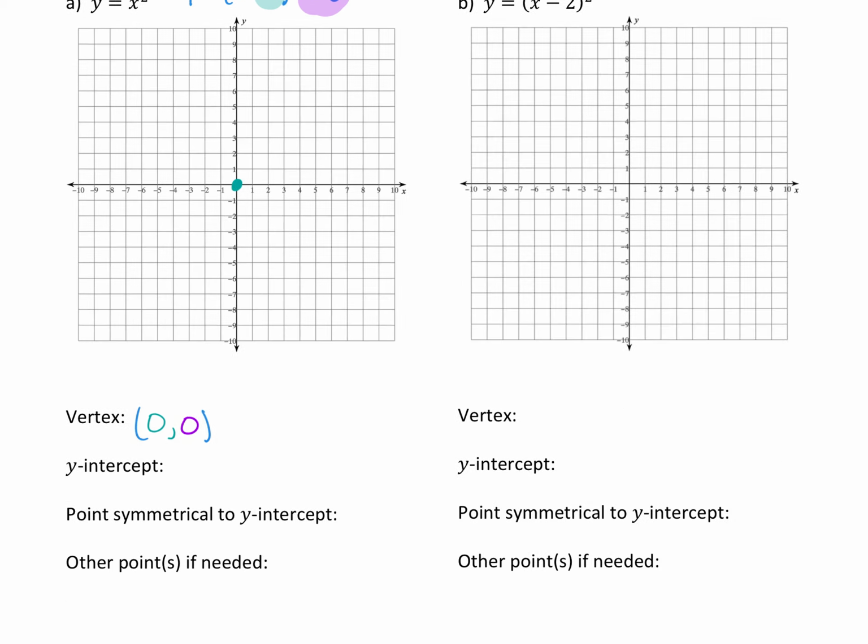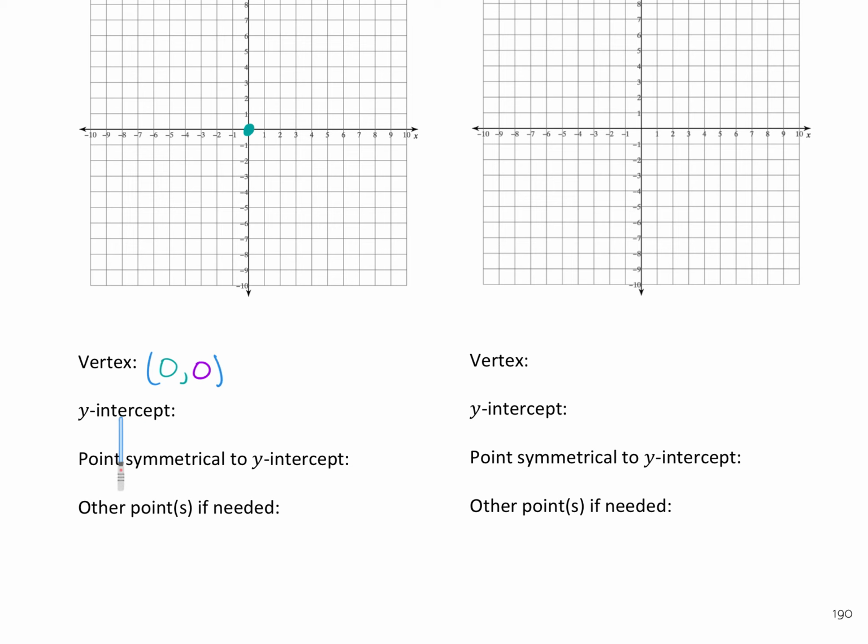And then the y-intercept, because it's when x equals 0, notice that we already found this, because the vertex is when x equals 0.